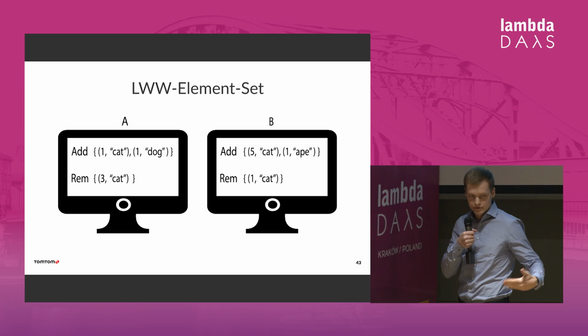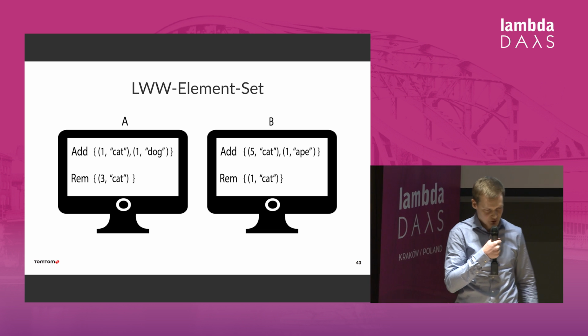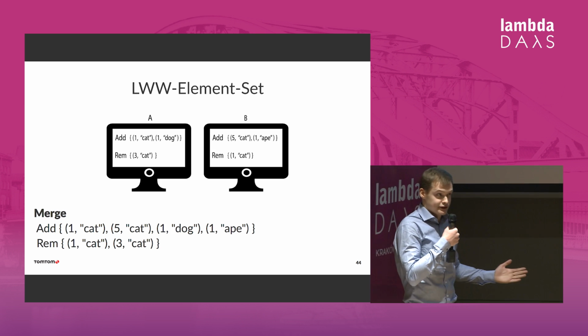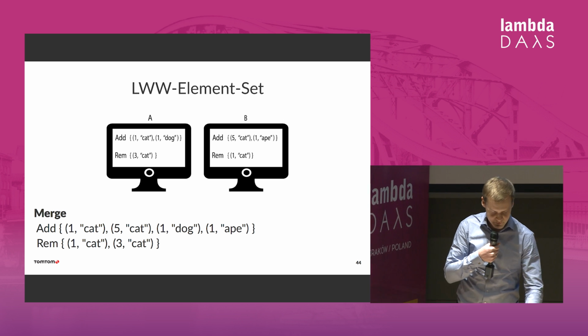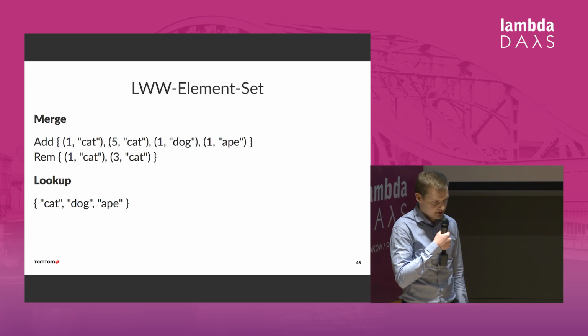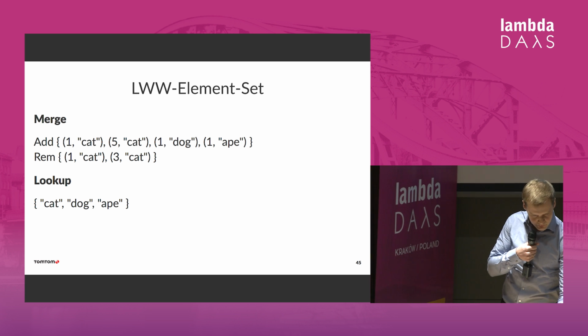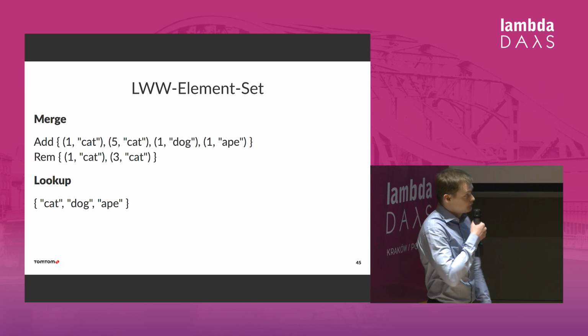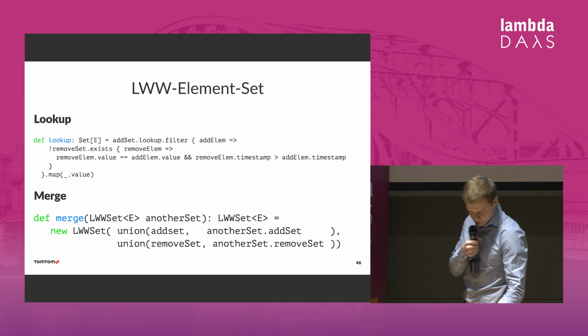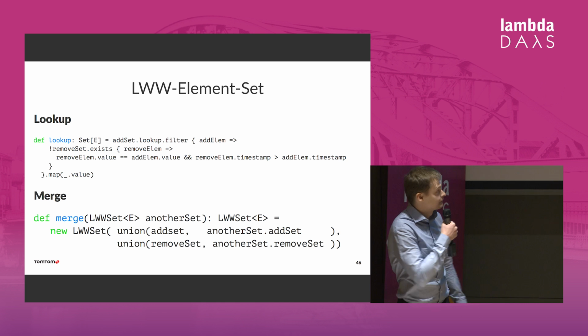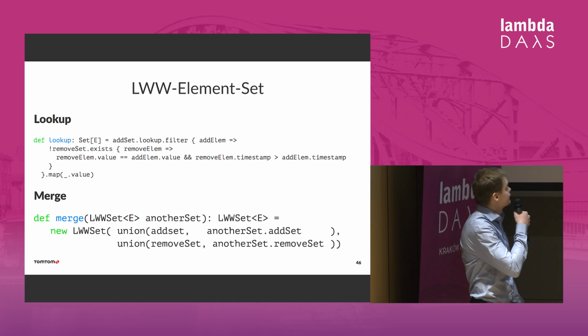If it has, then it's considered removed. It won't show up in the lookup. And the merge is exactly the same. We just take the union of the add set and the remove set. This is what we're doing here. And based on the merge result, we get this lookup. Pretty easy. That's how you can implement the basic operations, lookup and merge.